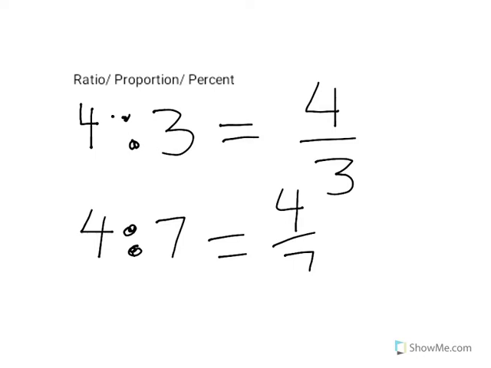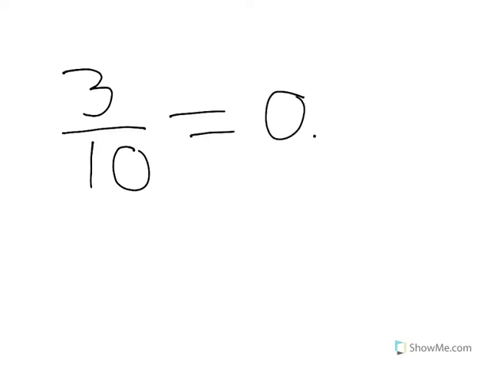So let's take another example. If I had 3 out of every 10 students, let's say 3 out of 10 students were male, then the proportion of male students is 3/10, or 0.3, right?